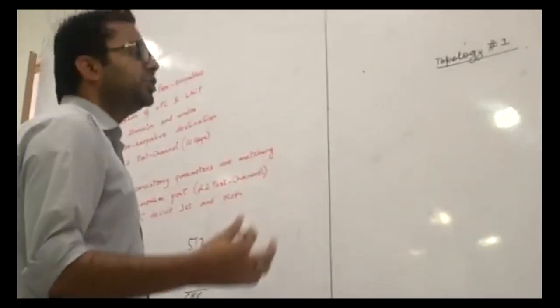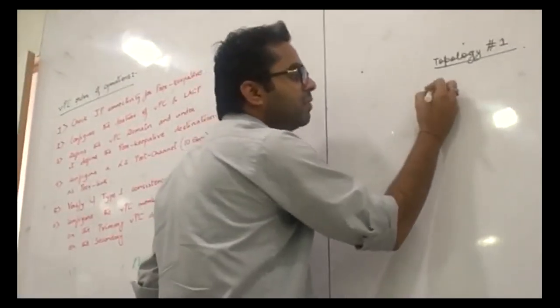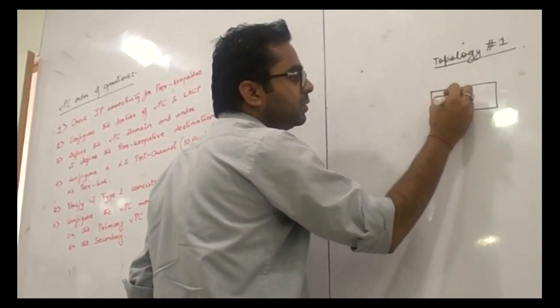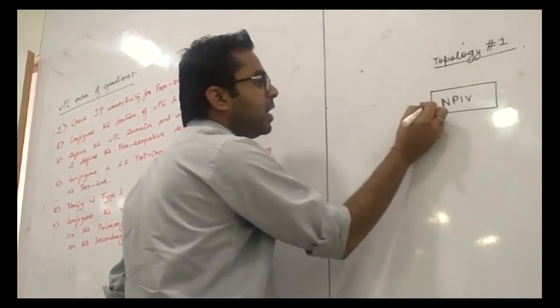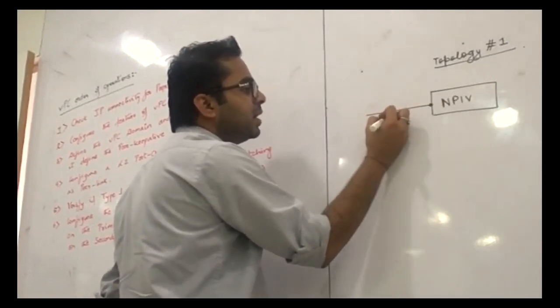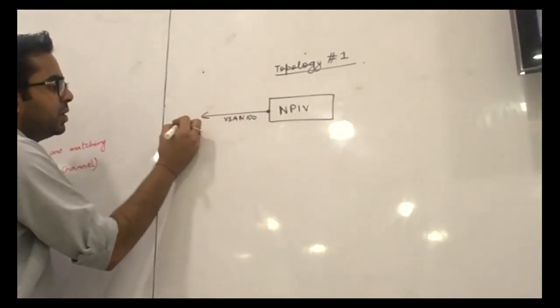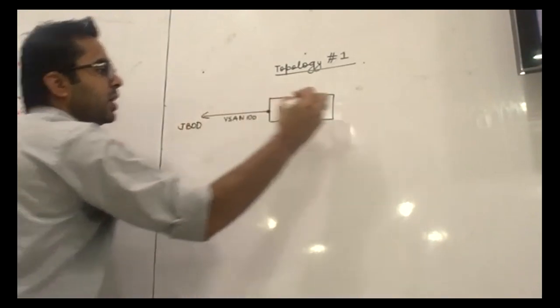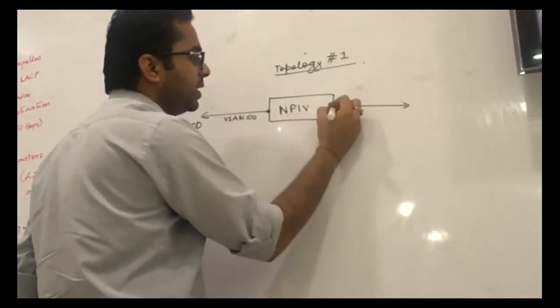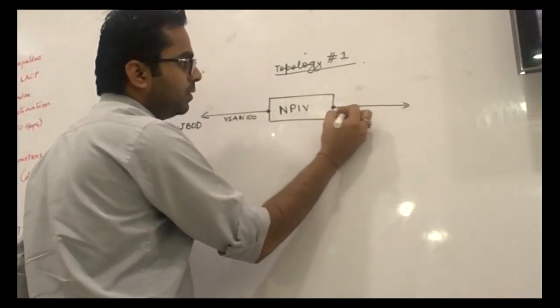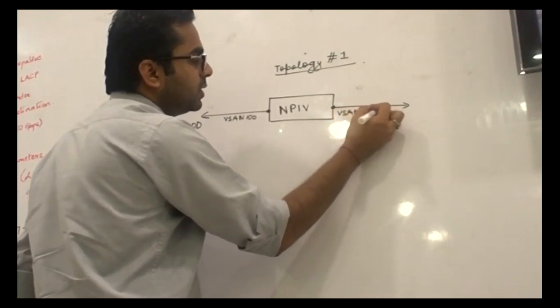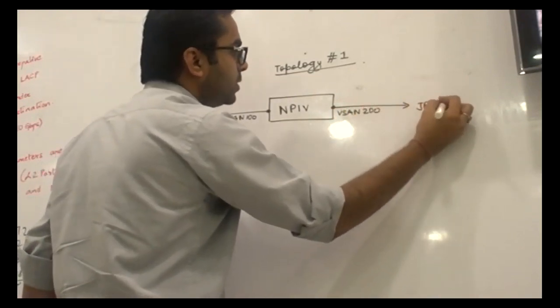When you talk about topology number 1, if I have an NPIV switch, I would be connected to maybe vSAN 100, going to my J-Port device, remember? Yes. And I could also be connected to vSAN 200, and that is going to be my J-Port.